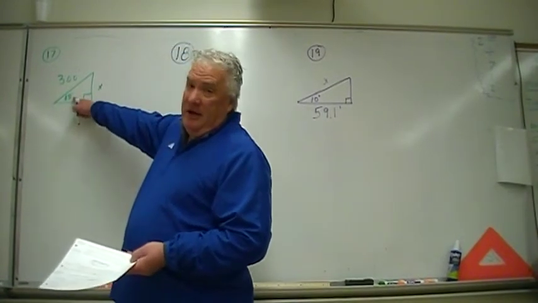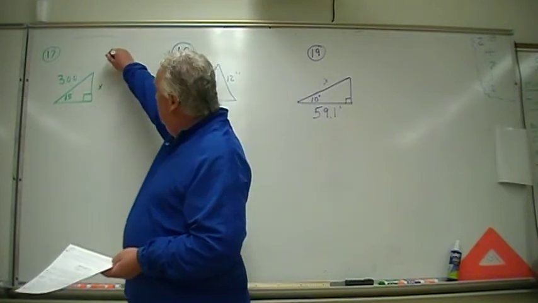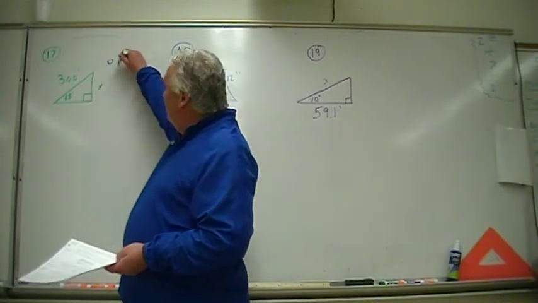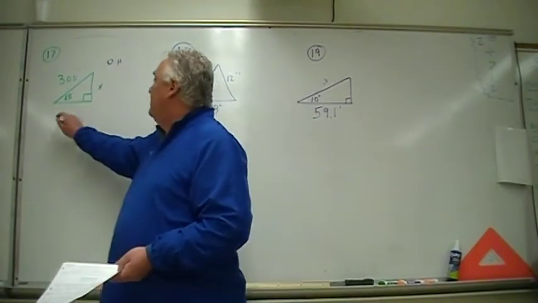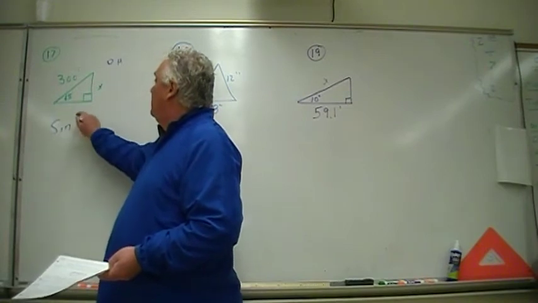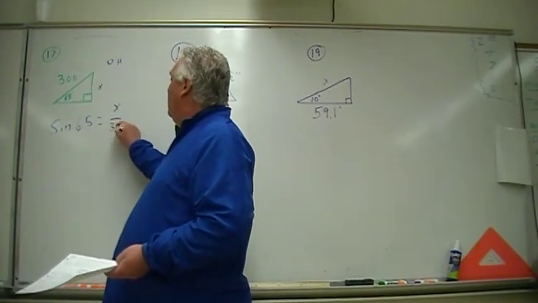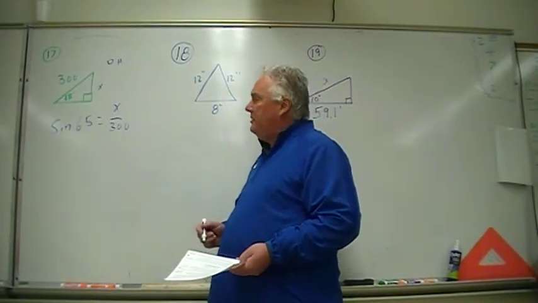We know this angle. The side we want to find out is opposite. The side we know is hypotenuse. Which relationship uses opposite and hypotenuse? Sine. Sine 65 equals opposite side, we don't know, over hypotenuse.